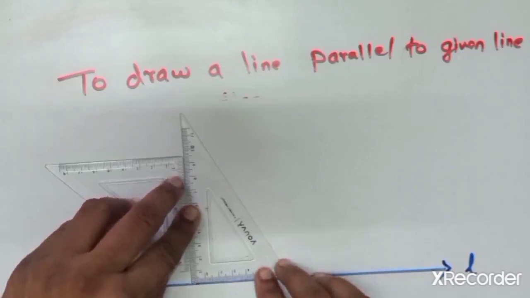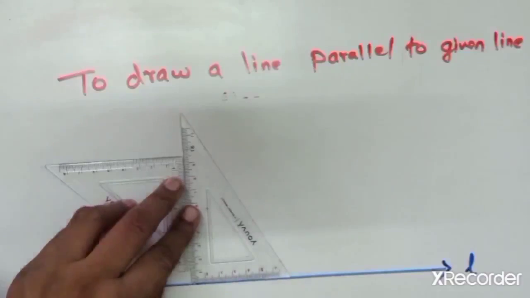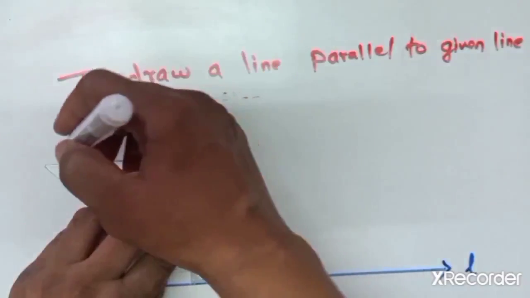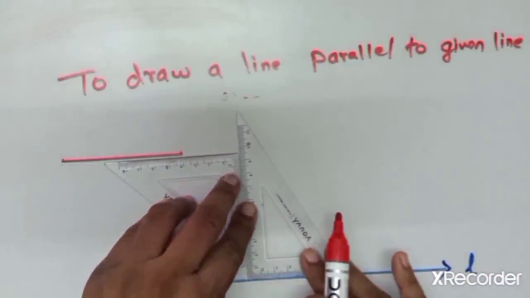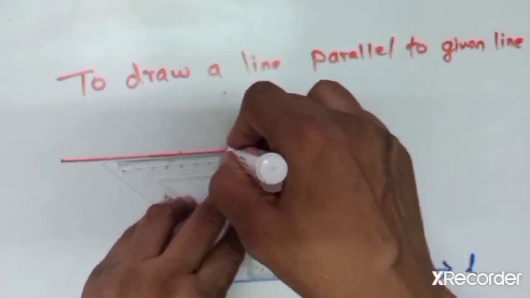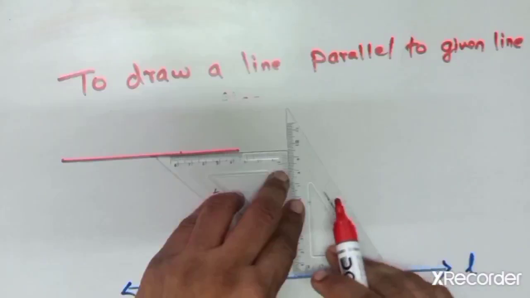Okay, what we have done, we have placed set square, and now we are going to draw a line with the help of this side of this set square. Go on moving this set square.